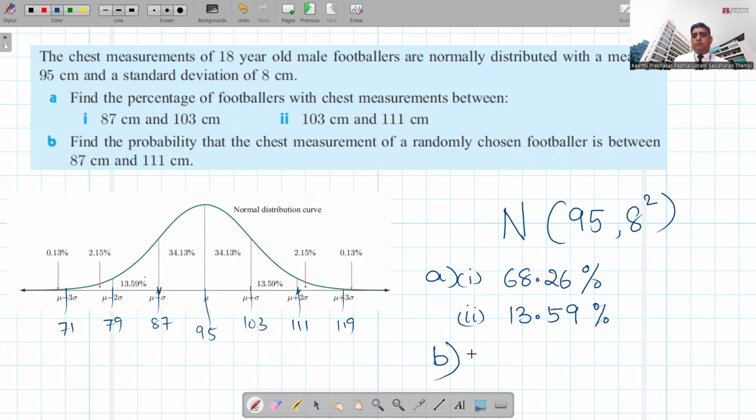So the answer to this is 81.85%. So approximately 82% of the footballers have a chest measurement from 87 to 111 centimeters. That's what the question means.